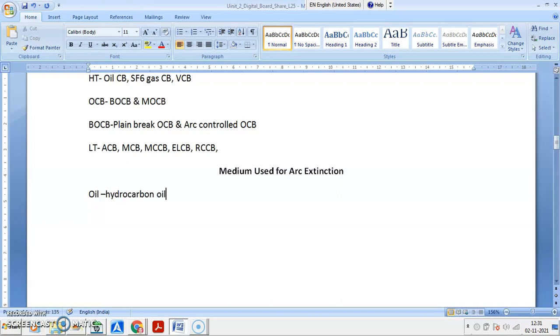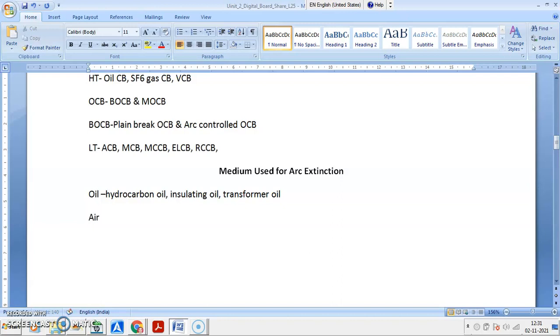We also call it insulating oil, also transformer oil. So like these names are there, which we use in the circuit breaker for arc quenching.